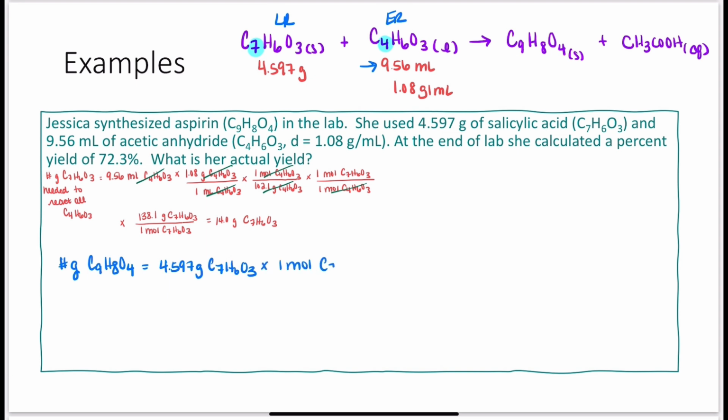Convert that to moles. 1 mole of the C7H6O3 weighs 138.1 grams. One mole of aspirin, C9H8O4, is produced for every 1 mole of salicylic acid consumed.